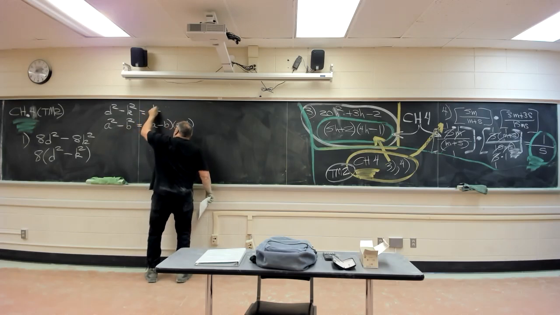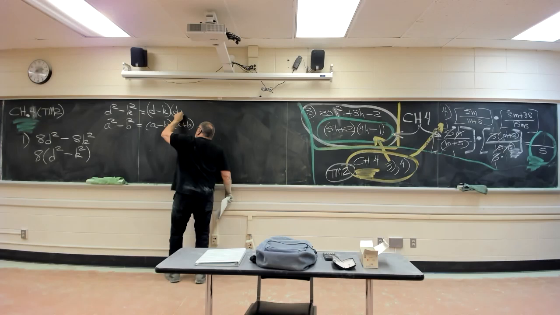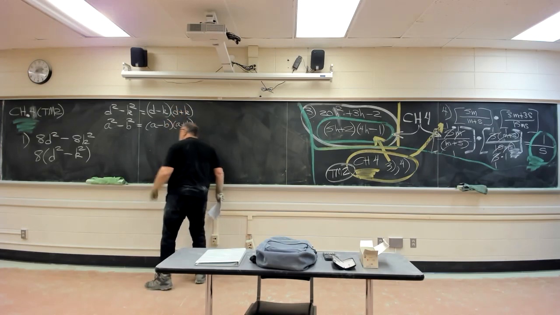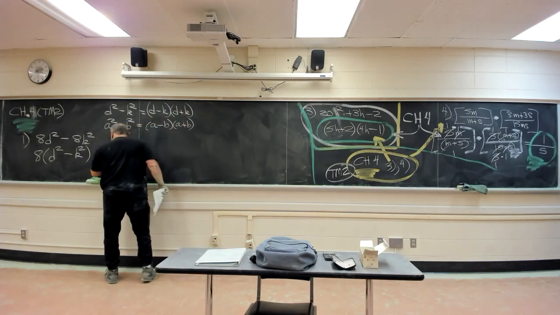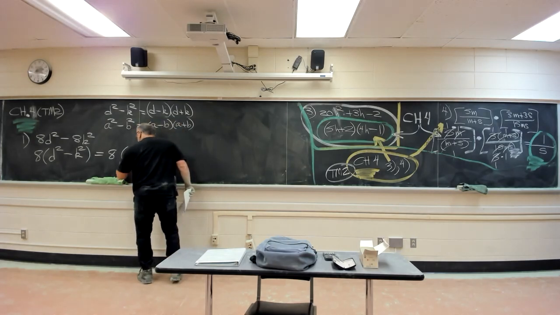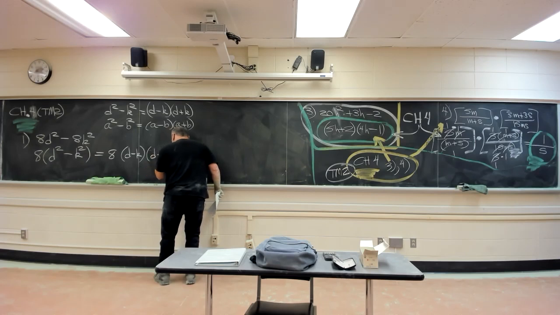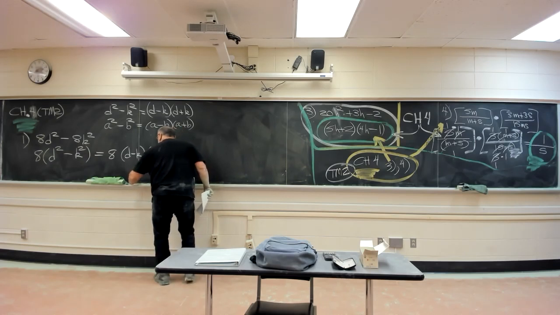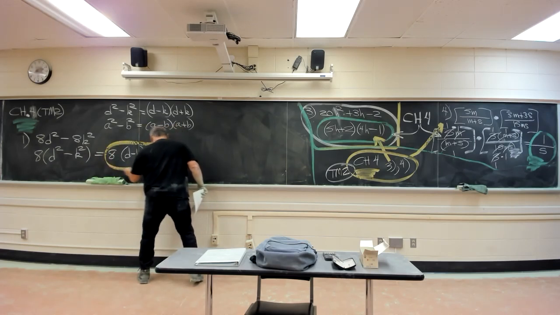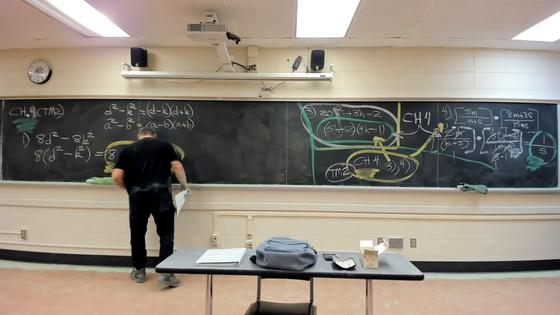This is the same kind of thing, guys. It's d minus k, d plus k. Doesn't matter which one you put first, just make sure you got them both. The 8 stays as is, and you got d minus k, d plus k. And that's number 1.